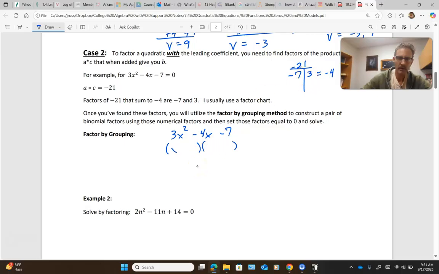But it's not going to simply be x minus 7 times x plus 3. This would work if the 3 wasn't there, but when it has that leading coefficient, this doesn't work. You can see this because x times x is not 3x squared. So what you have to figure out is what times what gives us 3x squared. The negative 7 and the 3 will give us, wait a minute.